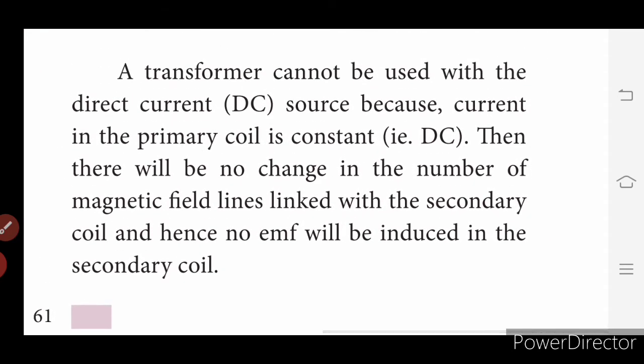So what is said here is a transformer cannot be used with a direct current source because the current in the primary coil is constant. Always we keep the primary coil value constant, that is 220 to 240 or 110 to 120, right? So direct current cannot be used with them.